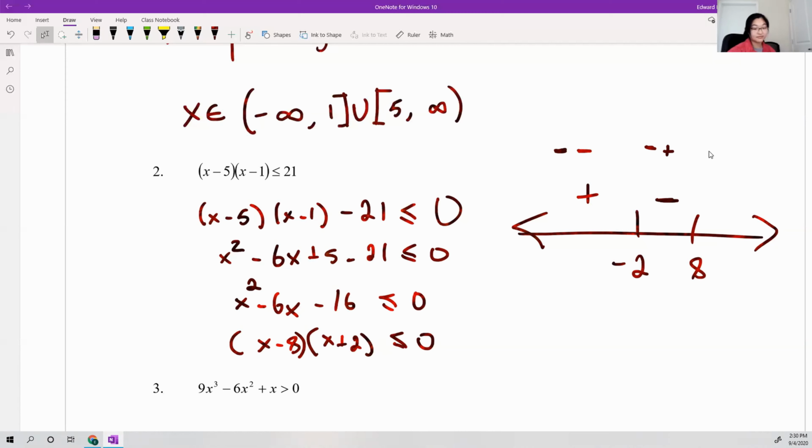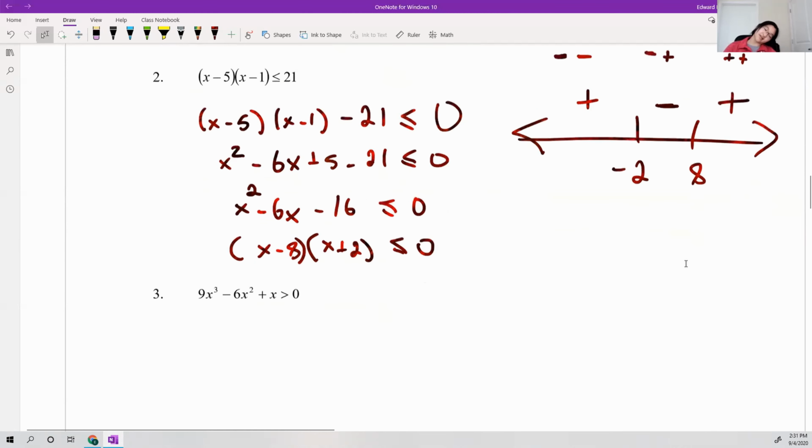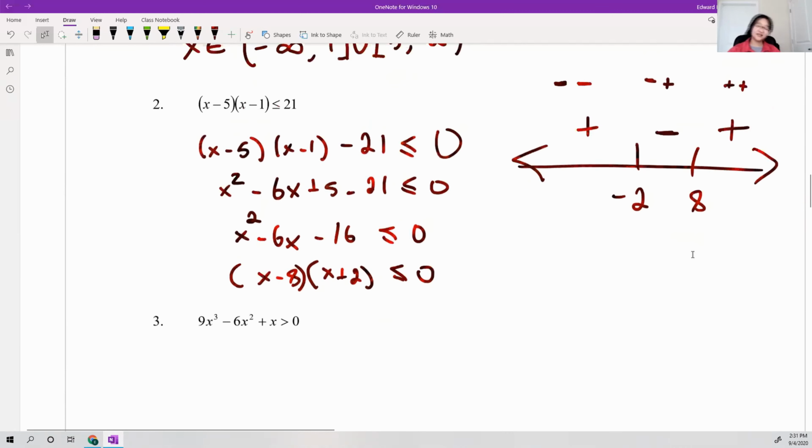Positive 13, positive. That's going to be a positive. So our intuition said it was an upward-opening parabola, and this is what happened, but we also verified with 2 calculations. Always good to look at a problem in 2 different ways.